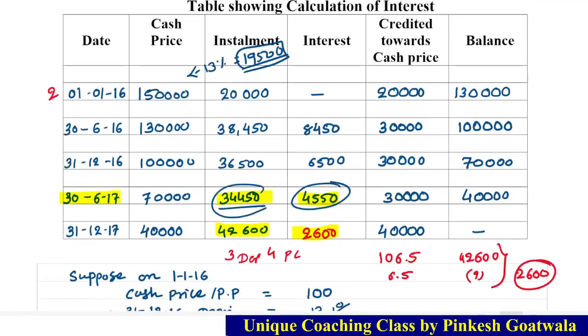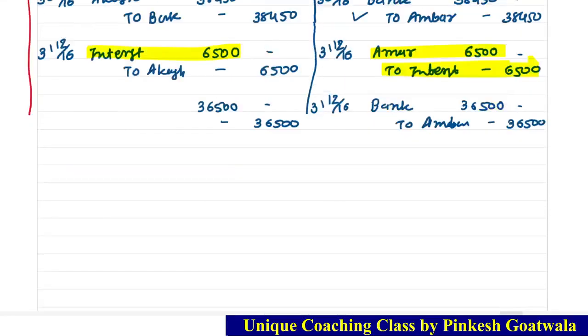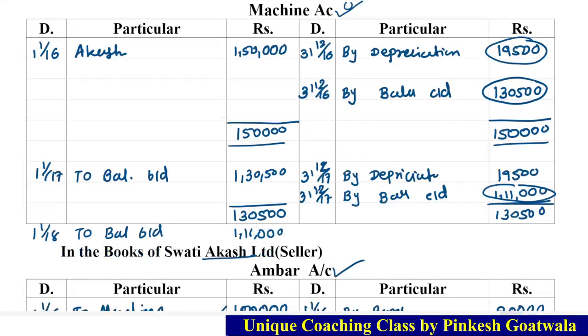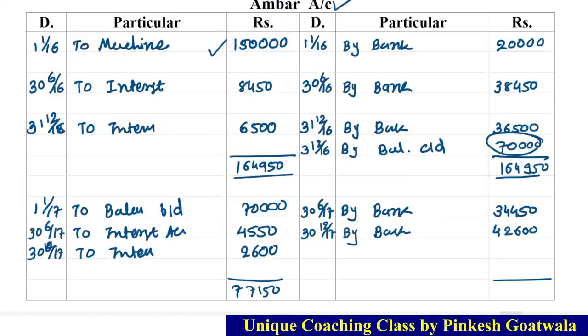Actually I made a mistake here, 34550 will come. 34550 plus 42600. So both sides balance.